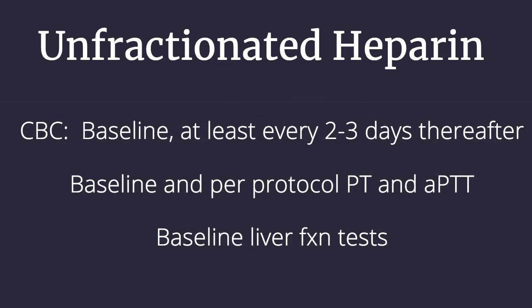In terms of laboratory testing, we should be getting a baseline CBC to obtain H&H and platelet count. This should be repeated at least every 2 to 3 days while the patient is on IV or sub-Q heparin. So let me backtrack a little bit.